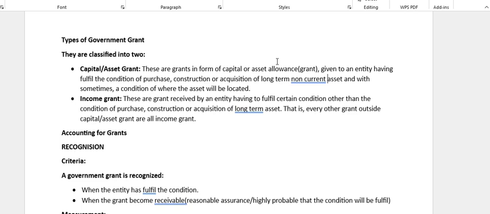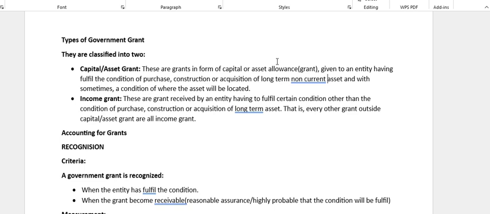For you to meet that condition and set up your company in that place, a grant can be given unto you. You remove it from the cost of your non-current asset, as it were.